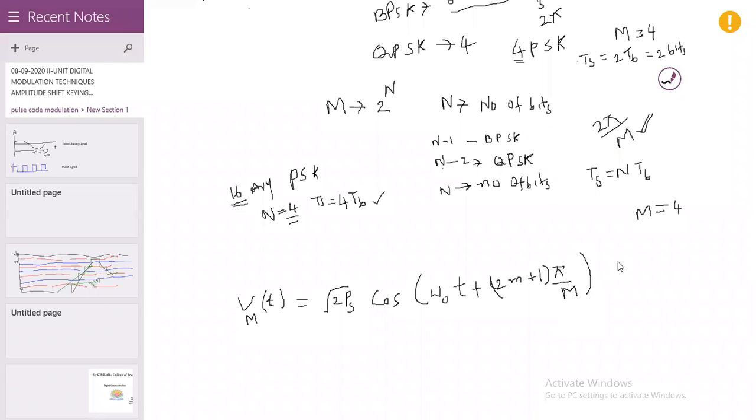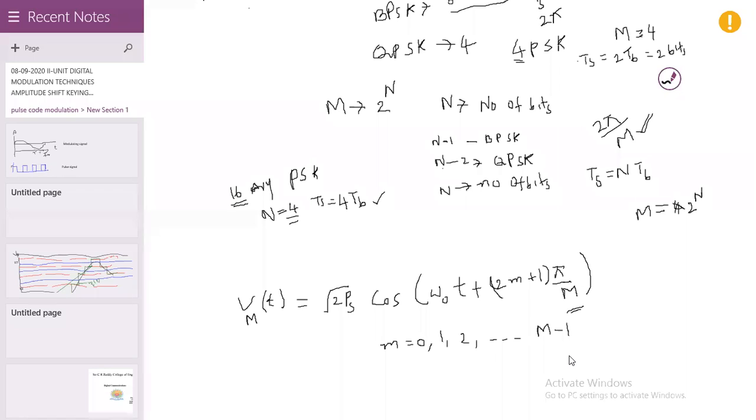But here M is not 4, it is generalized, that is 2 to the power of n in M-array PSK. Small m is equal to 0, 1, 2, and so on until M minus 1.